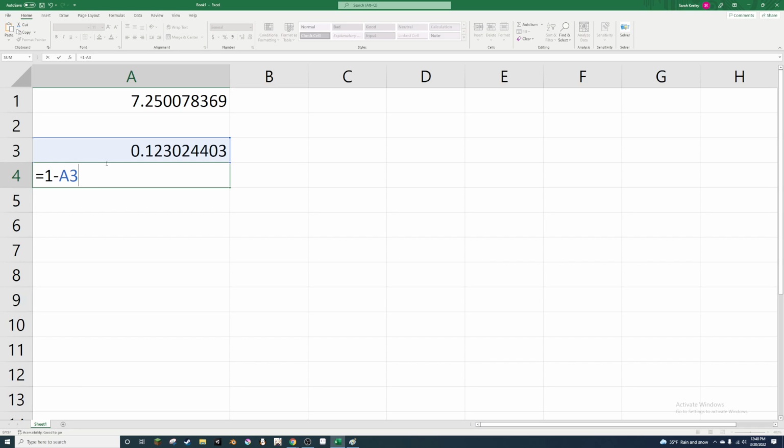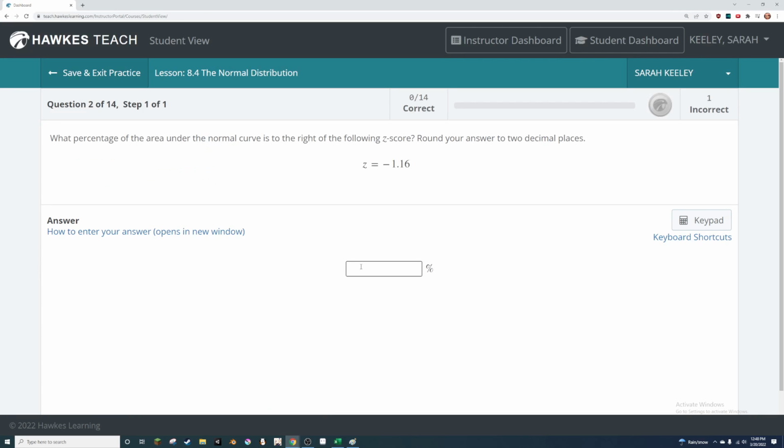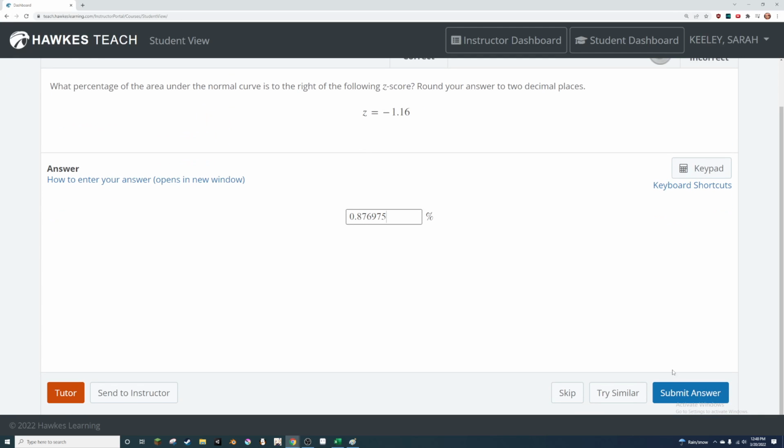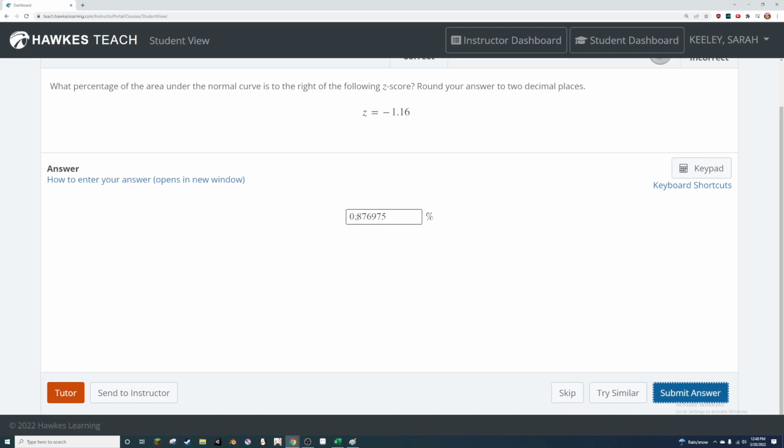So 1 minus A3 will give you the 0.8769 and so on. Now, if you copied and pasted this into Hawks, you would get it wrong, because this is in decimal form.